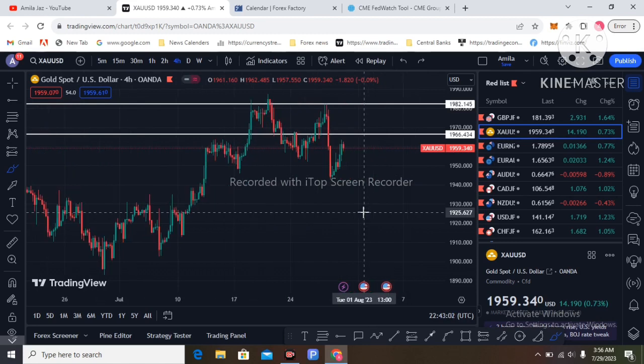You should start with these price levels in your gold trading. That's the technical picture I am seeing.